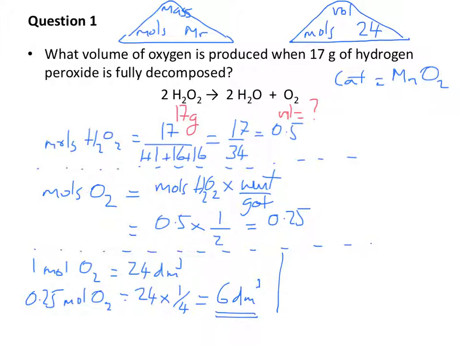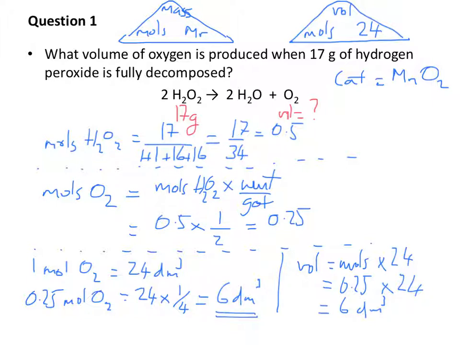So if you were going to use that triangle, volume is moles times 24, so your moles is 0.25 times 24 gives 6 decimeters cubed. I have to admit that I would work it out using the other method, but I have found that students prefer to use a triangle, but it does mean that you have to learn the triangle and get it right in the exam.